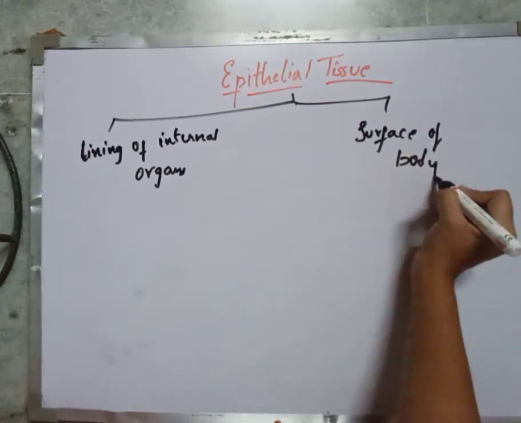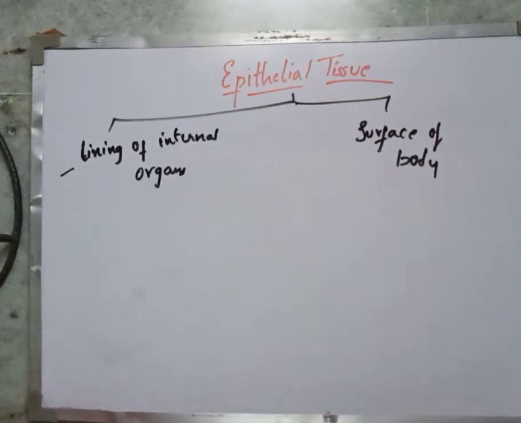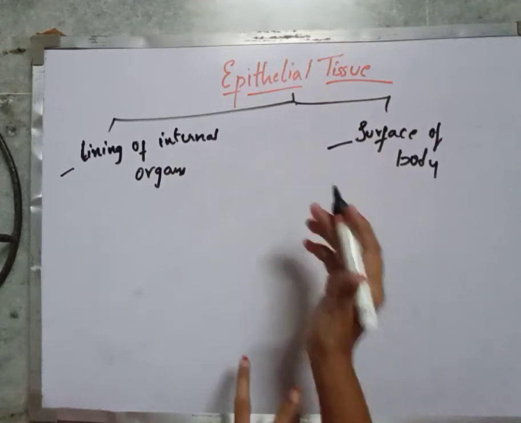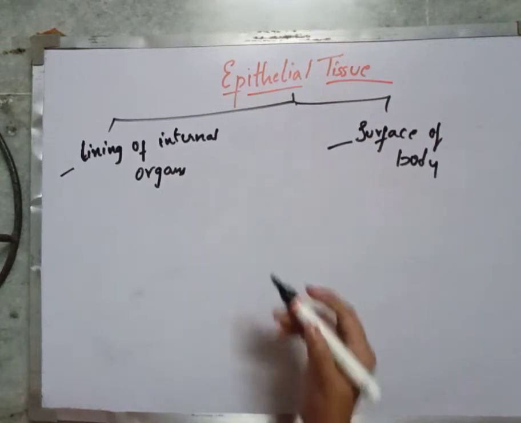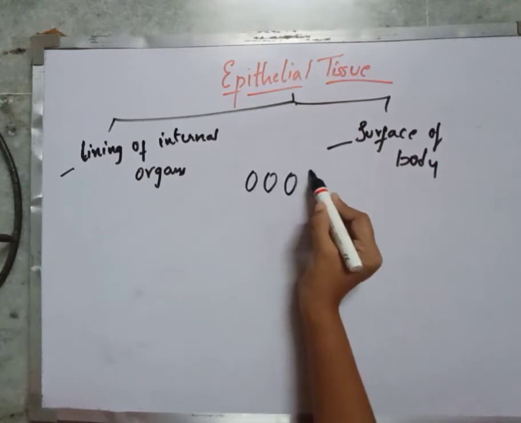These tissues line the internal organs and are also found on the surface of the body. Epithelial tissue contains different types of cells.